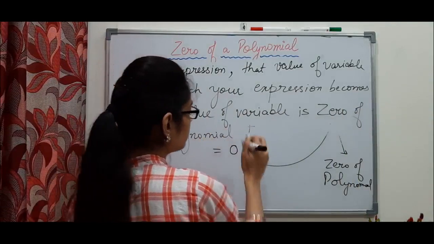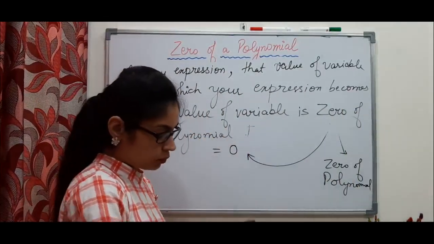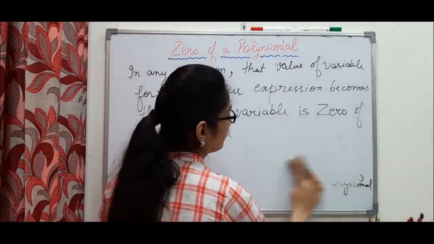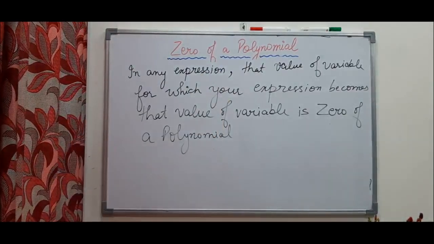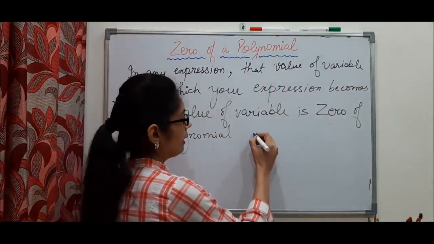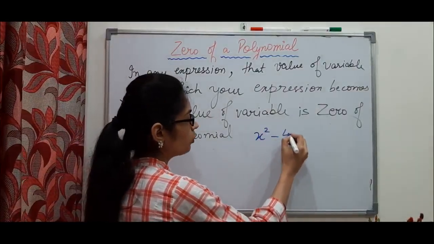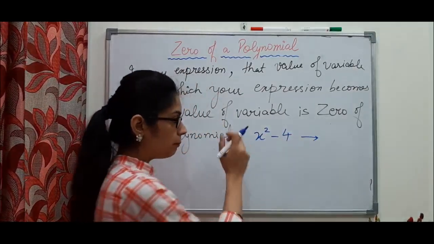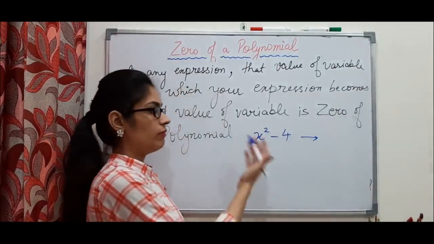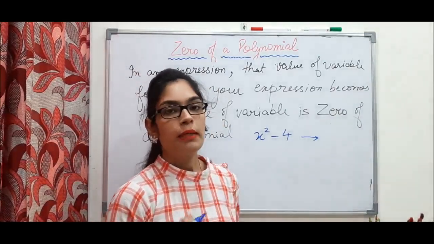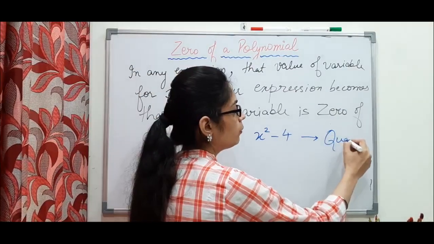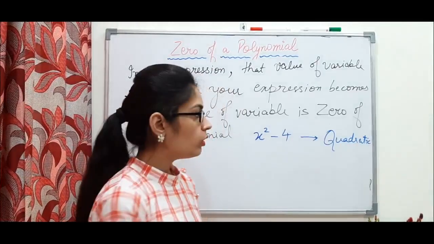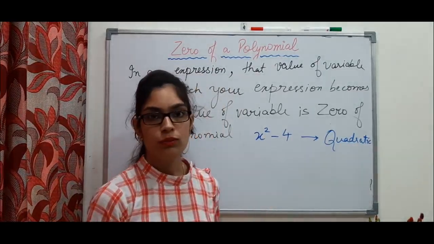Let's take another example for better understanding. I'll take another polynomial, x square minus 4. Since the degree of the variable is 2 now, I have taken a quadratic polynomial. I have to choose that value of x for which I get this expression equal to 0.